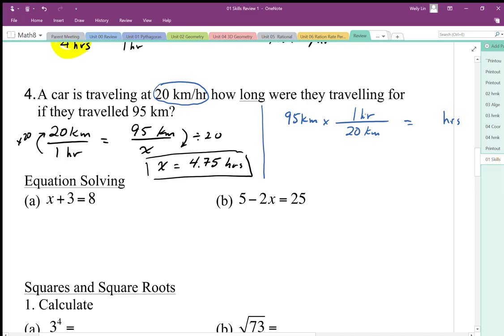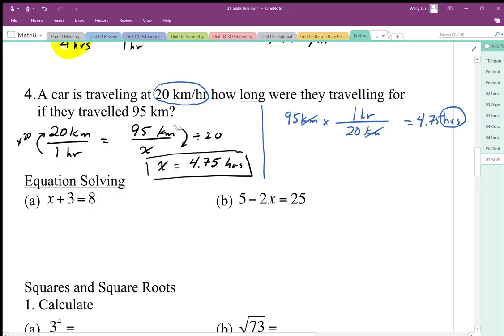Now, as long as I get the ratio in the right direction, I can determine that kilometers and kilometers cancel. If I want to get rid of kilometers, I need kilometers in the denominator. Those units cancel, and I'm left with hours units. And so I end up with 95 times 1 divided by 20, and that's going to give me my answer of 4.75 hours.